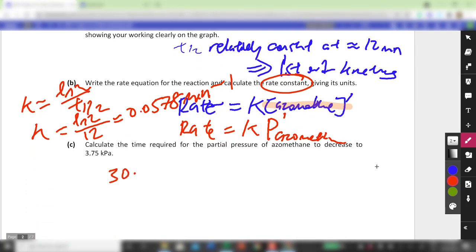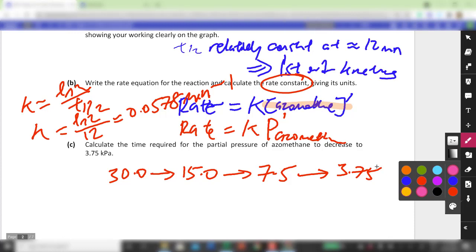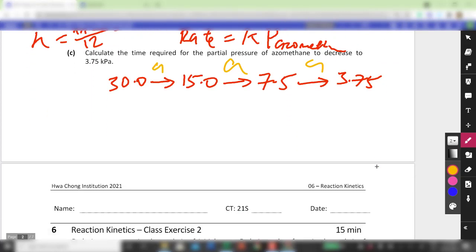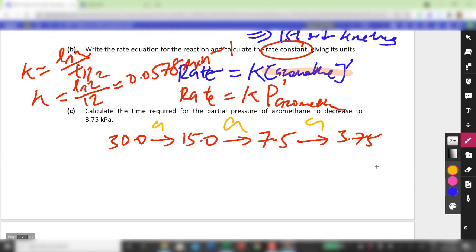So we can just do 30.0 reduce to 15.0, reduce to 7.5, and then reduce to 3.75, and then determine how many half-lives we have gone through. That's 1, 2, 3, a total of 3 half-lives. Therefore time taken is equal to 3 times 12.0, which is 36.0 minutes.